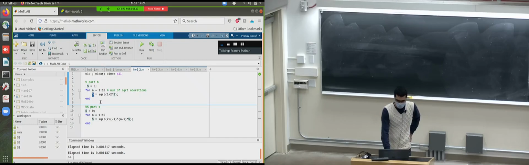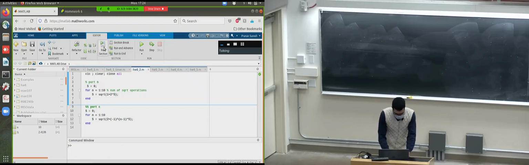Let's go ahead and execute. I'm getting s as 2.4136. Now let's say I'm going from n equals 10 to 20 and run the same section.